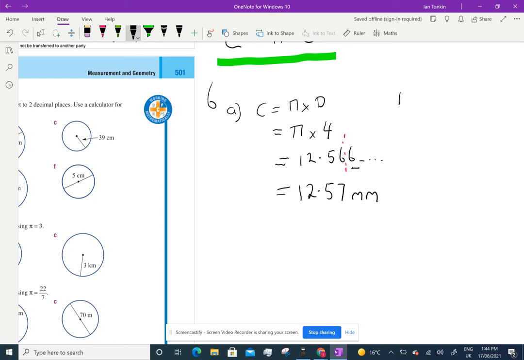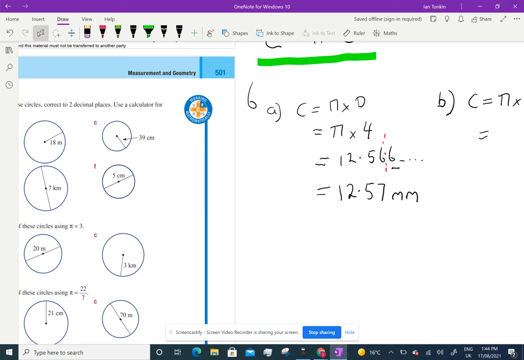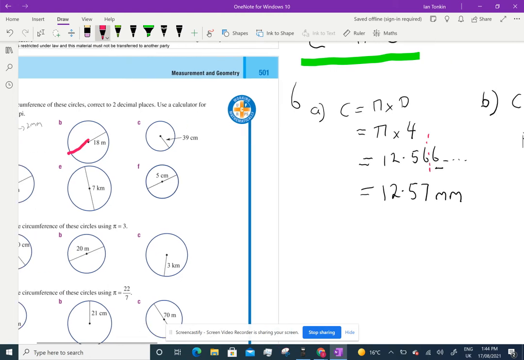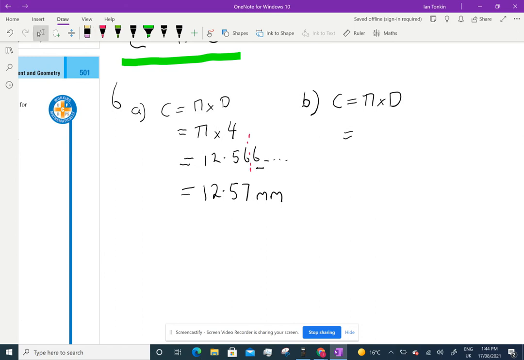Well, let's have a look at B. Circumference equals pi times the diameter. Again, they haven't given us the diameter, but we already know that the rest of the way will be another 18. And 2 times 18 is 36.